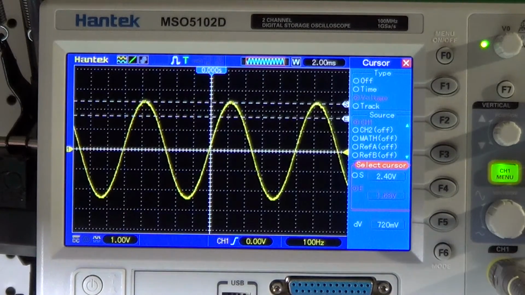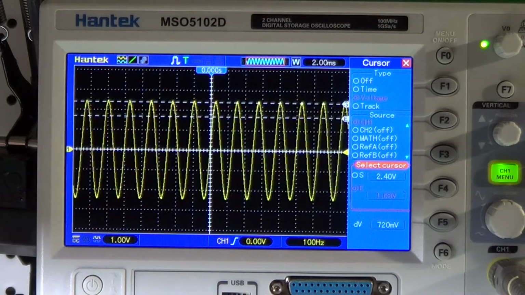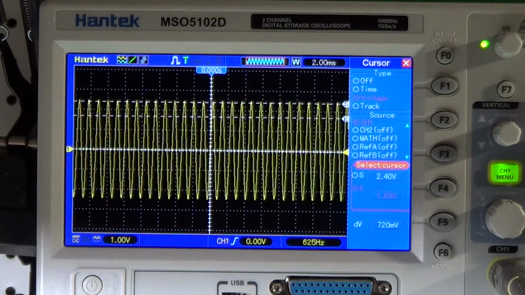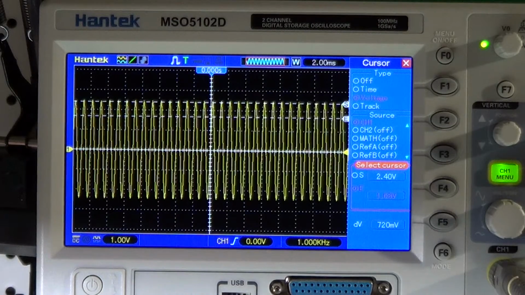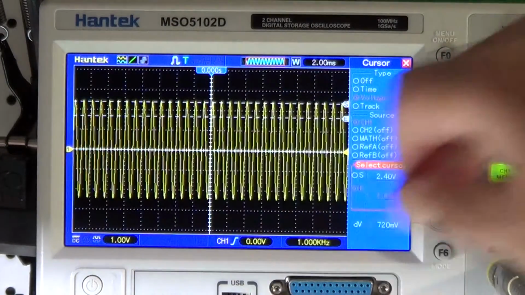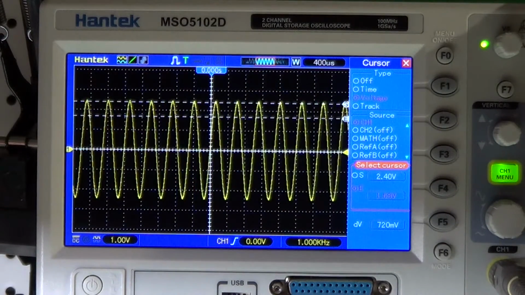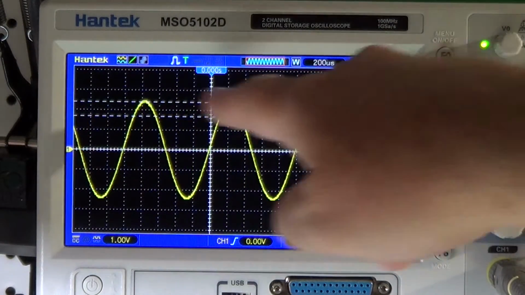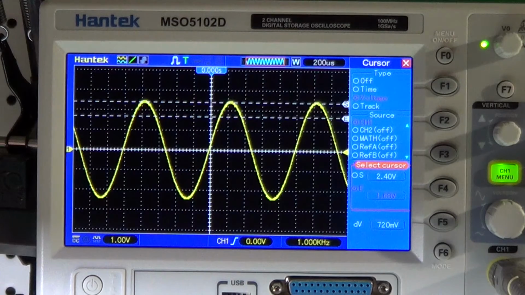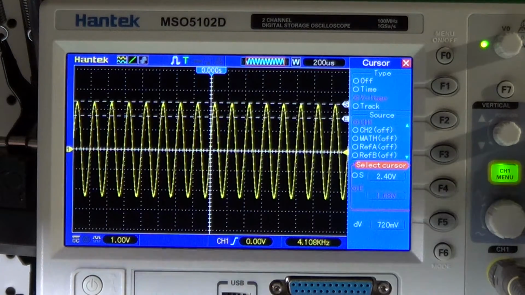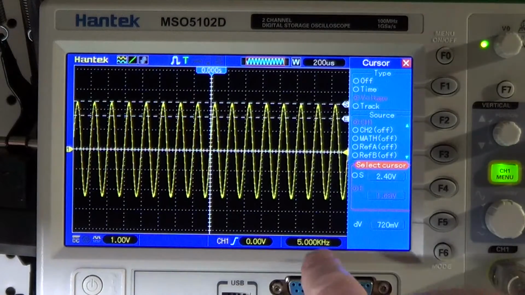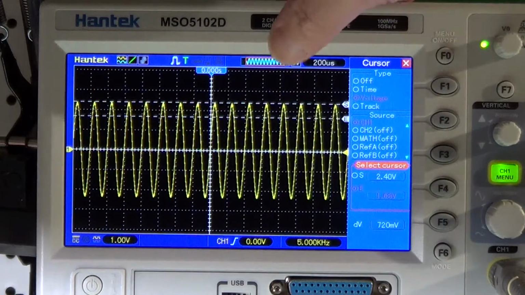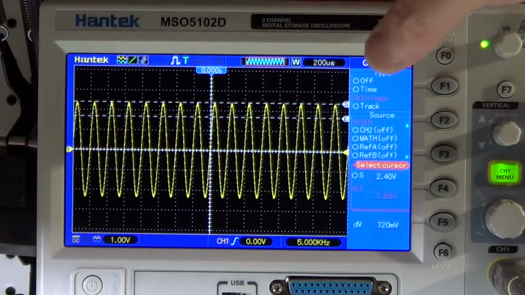So let's go now. Let's increase the value of this frequency. Let's go to 1 kHz first. And as you can see right now, the edge of the sine wave is still at the maximum, so there is no attenuation of the signal so far. Now I'm gonna go to 5000 Hz, 5 kHz, and again there is almost no change.